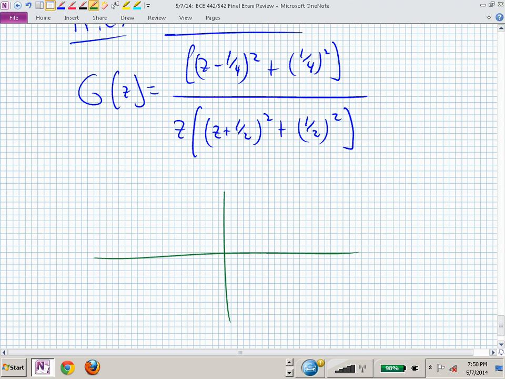I guess I have them. Well, no one wants to commit. Are they on the right half side or the left half side of the z-plane, the zeros? They're in the right half plane, aren't they? Which isn't a bad thing in the z-plane.